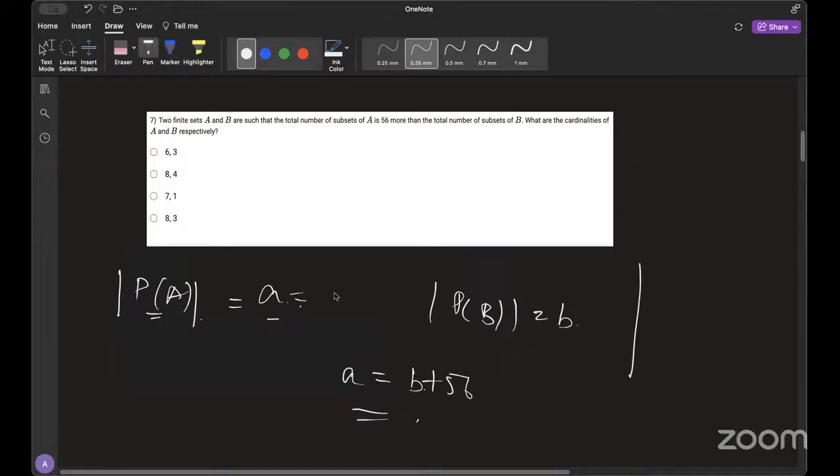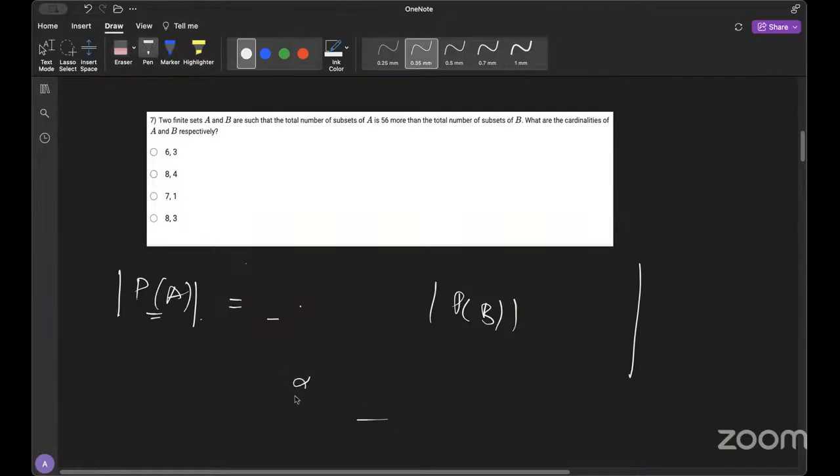The total number of subsets is 2 to the power n, where n is the number of elements in A. But let's just change the notations. We'll just denote the cardinality of A by capital A only, and the cardinality of B by capital B only.